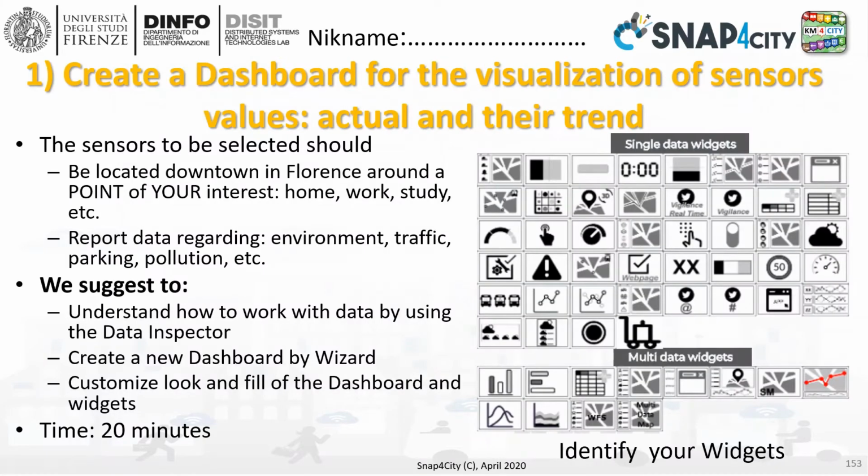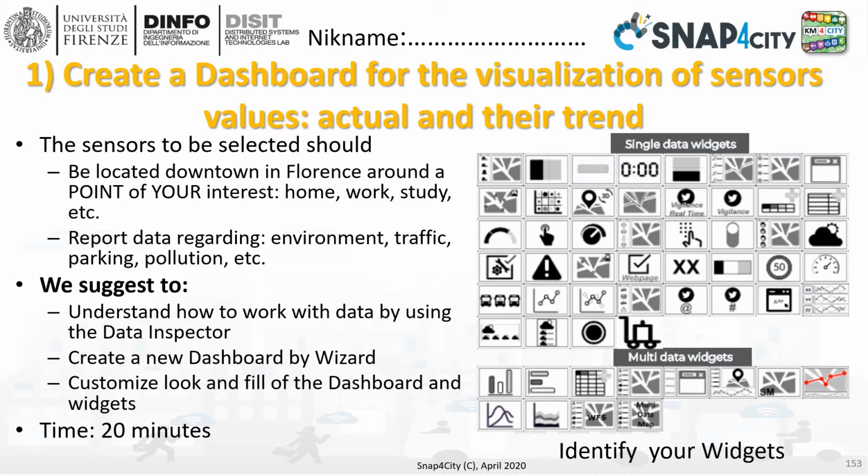So the first dashboard is a dashboard to visualize sensor values and their trend. The sensors are located in downtown Florence, and are data about environmental aspects, traffic flow, parking, pollution, and so on.